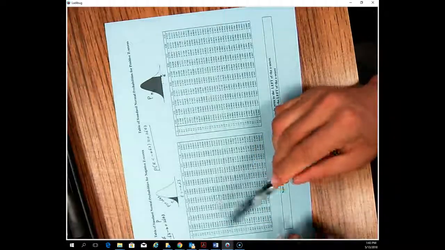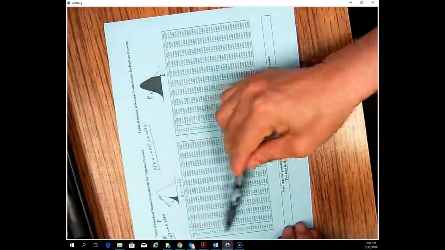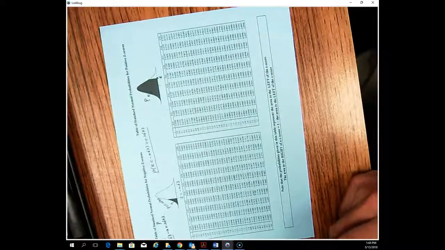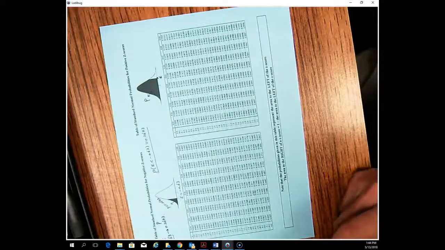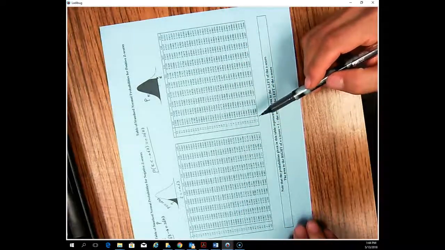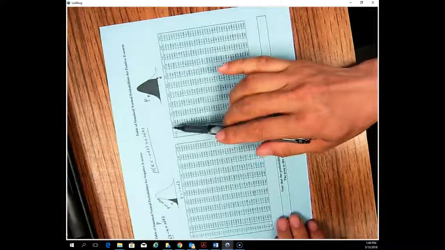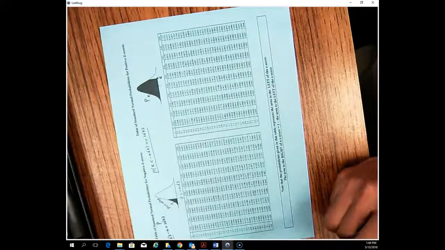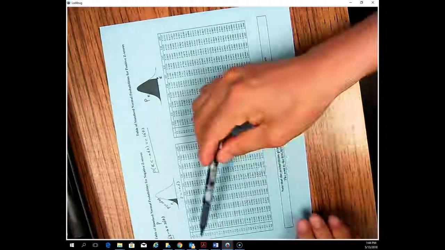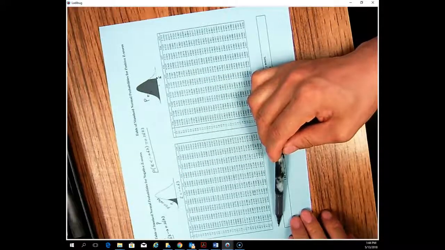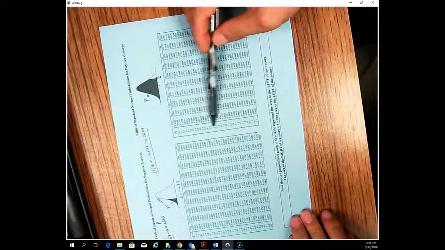In the z-table, the first column and the top row give you the z-scores. The first column gives you the z-score up to the first decimal point, and the top row gives you the second decimal point. All the negative z-scores are on the left-hand side of the table, and all the positive z-scores are on the right-hand side.